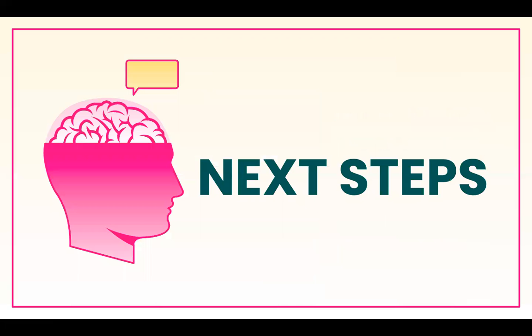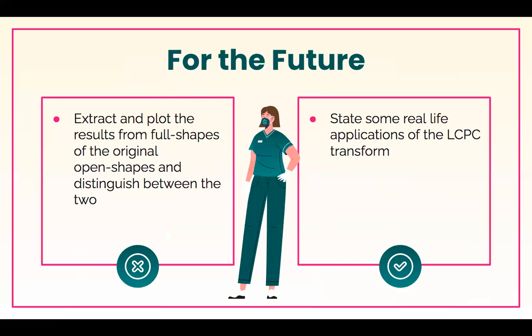Now that we've covered chapter 2, I'll talk about some of the next steps for this handbook. So far, we've been looking at open shapes, so ideally our plan would be to extract full closed shapes and distinguish the results of the LCPC between these full shapes and the open shapes.